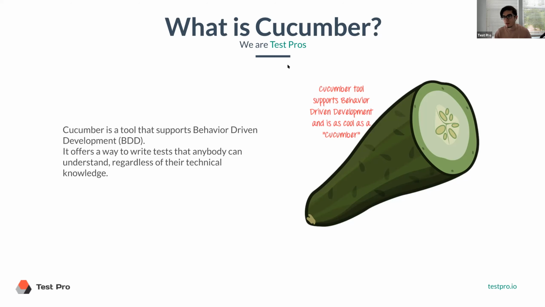Cucumber is a test automation framework which implements Gherkin. Gherkin is just a syntax and isn't related to automation at all, while Cucumber is related to automation because it's a test automation framework. That's the difference between them, because many companies are confused by the difference between Cucumber and Gherkin.